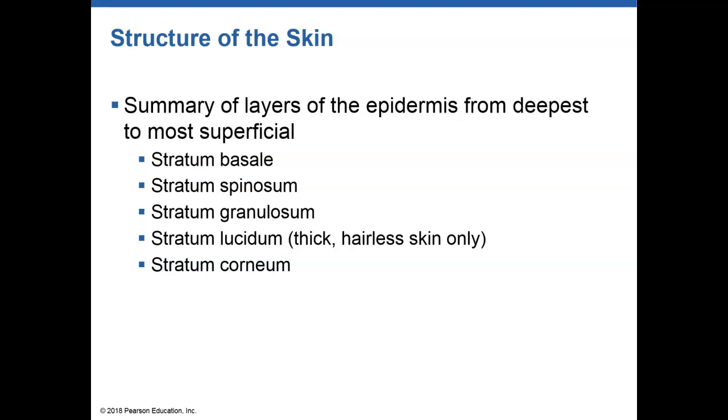And then we have the stratum corneum, which is the most superficial, and this is the layer that's constantly sloughing off. As tissue is produced, it moves through each of these layers, and then it sloughs off. So every month, we have an entirely new integument, or epidermis.